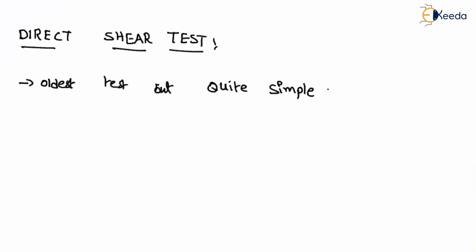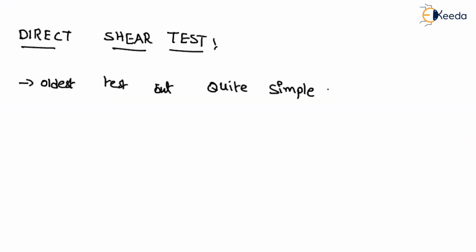In this test, the soil specimen is tested in a confined metal box of square cross section. That means we have two splits, one placed over the other, and in the middle part we fill the soil. At the top of this square specimen we place some load, and then we apply either shear strain or shear stress.